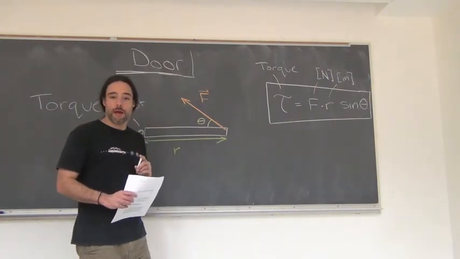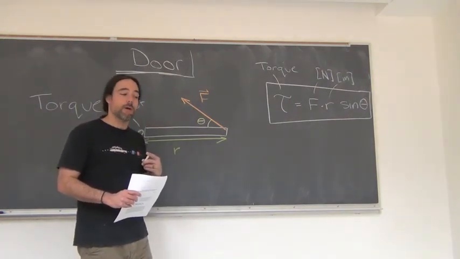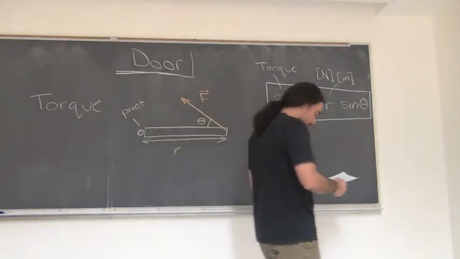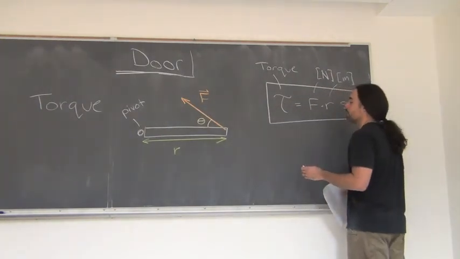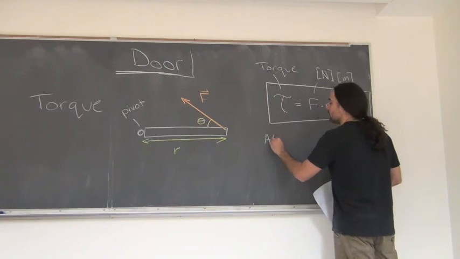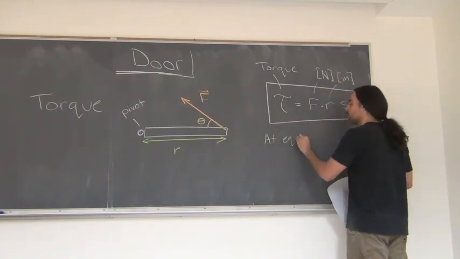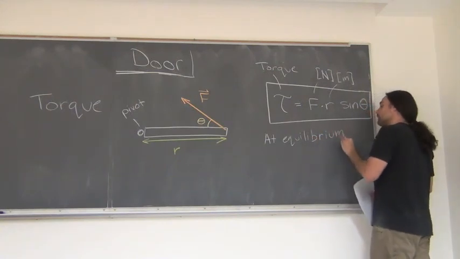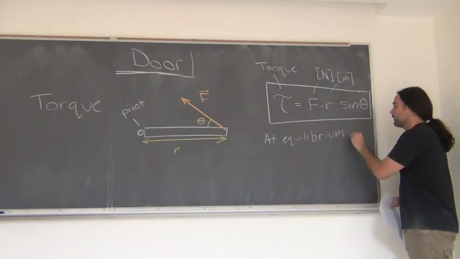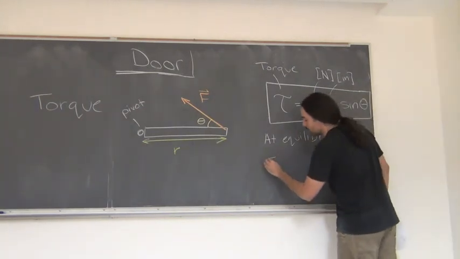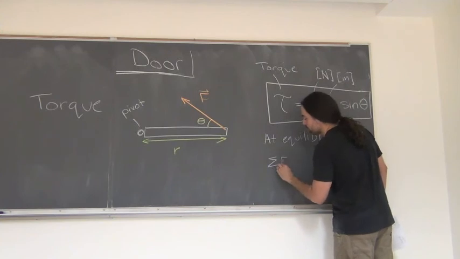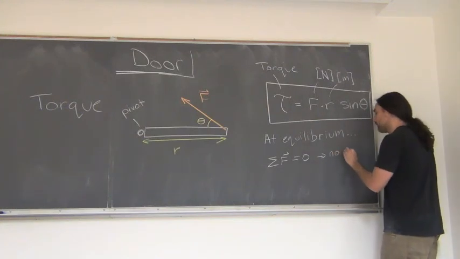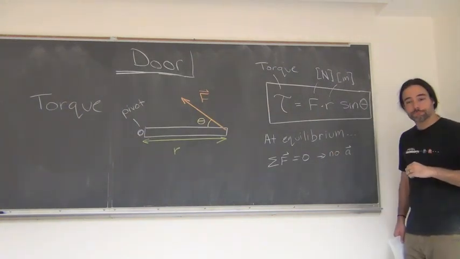But one thing that is similar about them is that they can be related by equations that are similar to Newton's second law. One way to see that is we could say at equilibrium. Equilibrium means we don't have any acceleration or angular acceleration. At equilibrium, if I don't have any acceleration, it must be true that if I add up all of the forces, I get 0, which gives me no acceleration.